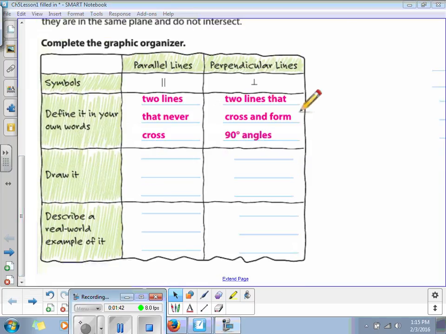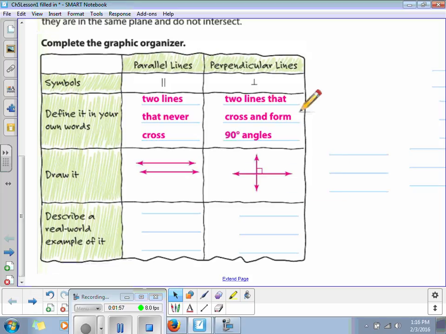So when we draw a picture, there's what our parallel lines look like. How about perpendicular lines? What do they look like? Like an X, but more specifically, if we draw an X, this little square in the corner here, if you just draw the lines, you didn't use any measuring tools, right?